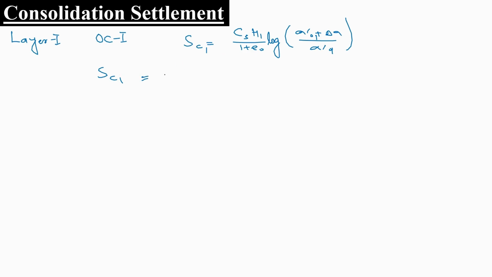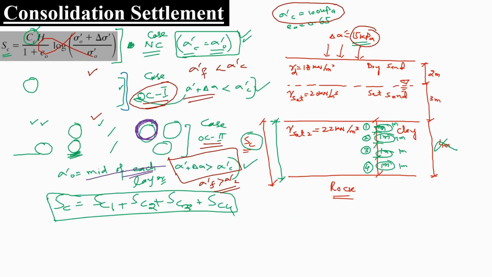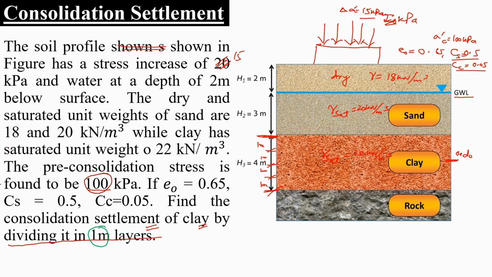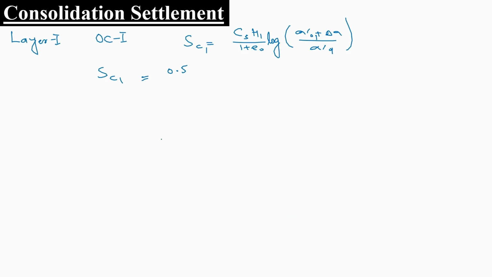What is the value of Cs? This is 0.5. This is given in the question. Just put the value into H. Height of first layer is 1 meter. 1 plus e naught is a value of 0.65, log of. Just simply put the value of sigma prime F, because when these both get added, the answer is sigma prime F for first layer.